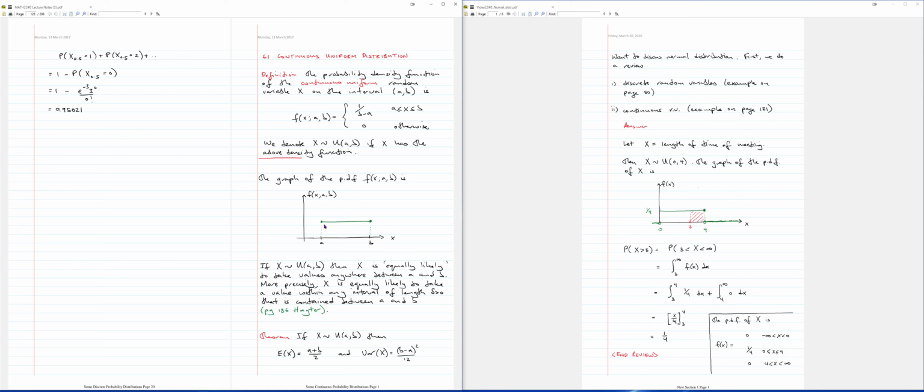That is indicated by the fact that the PDF, the probability density function, is flat for your values between A and B. So between A and B you have this constant density function, and outside of A and B, on this side your probability is 0, and on this side your probability is 0.